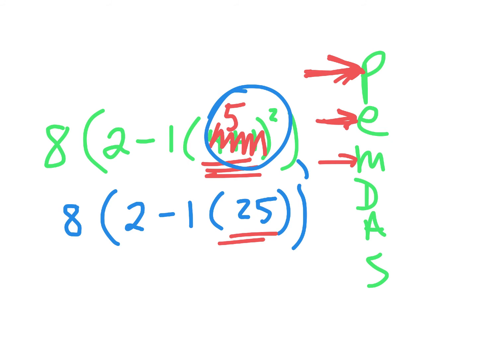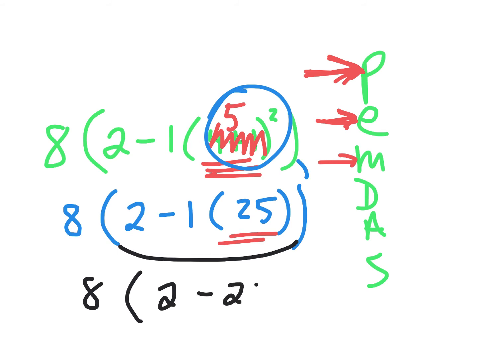Okay, so now I'm going to rewrite this part, and I'm going to say 8 parentheses 2 minus 25. Because isn't -1 times 25 -25? Now, you could have just said, well, I just times the 1 and the 25 and make it 25, and there's just still a negative there. It works either way.